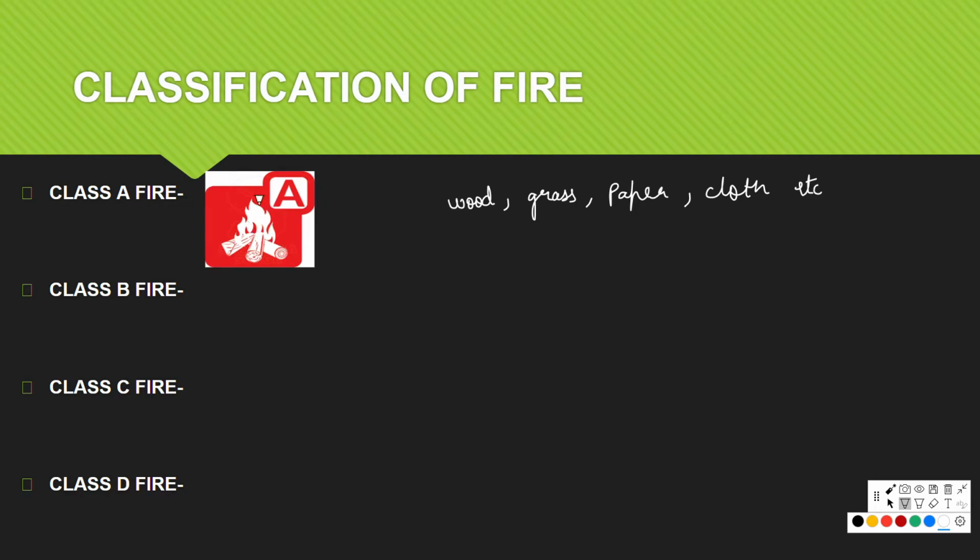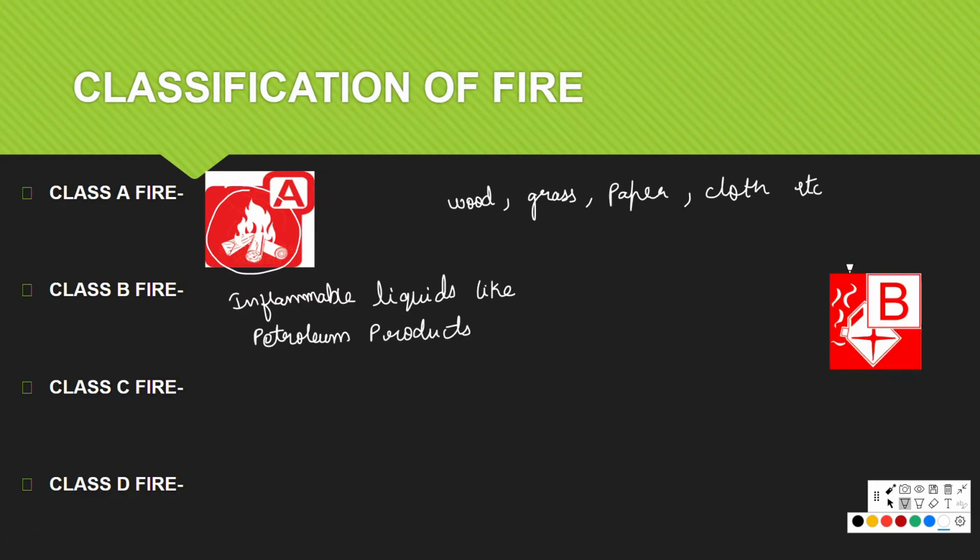This is an indication mark for Class A fire. Next is Class B fire: fire caused by volatile or inflammable liquids, for example petroleum products.